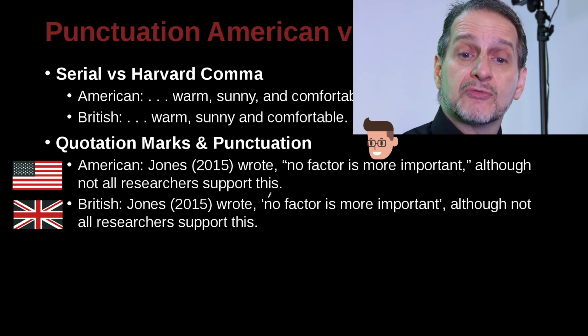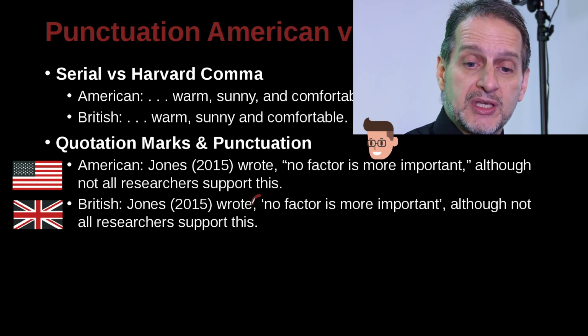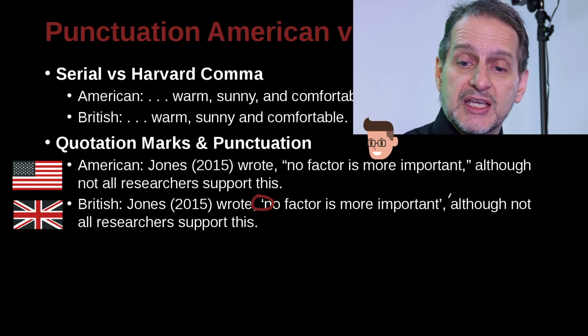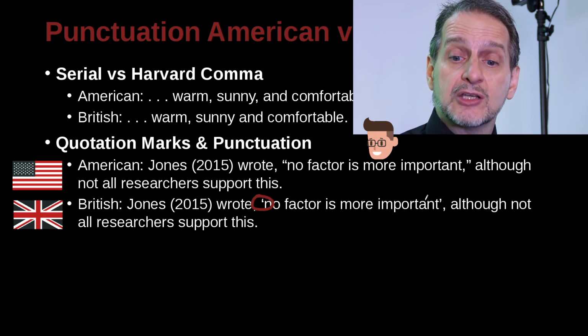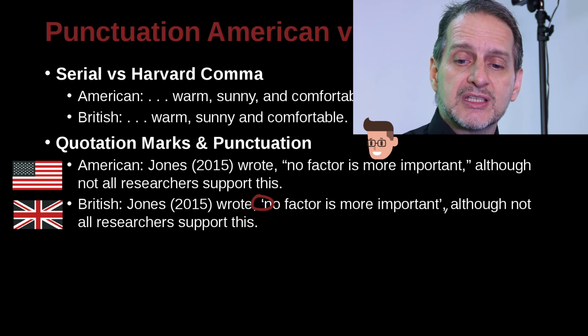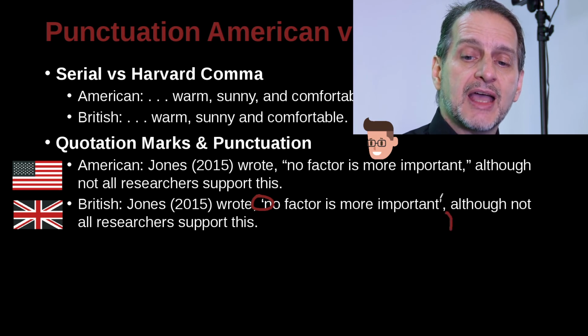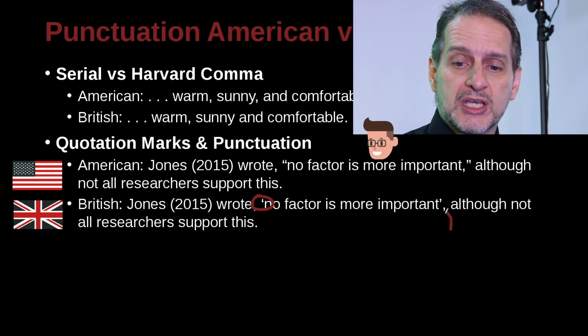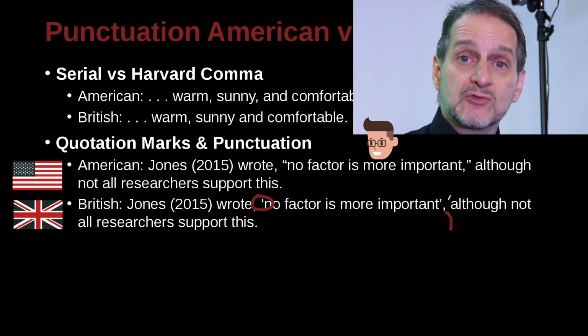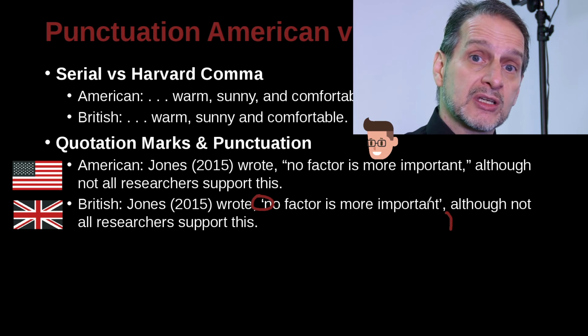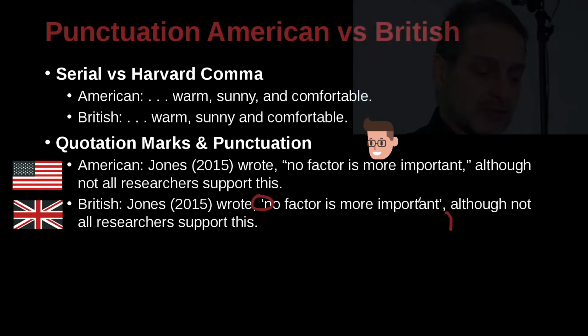And you can see, for example, the first point being this quotation mark. This is not using double quotations, but using single quotations. And you can see that the comma here is on the outside of the single quotation mark. No space before, one space after. So that is really the difference between the American and British approaches.